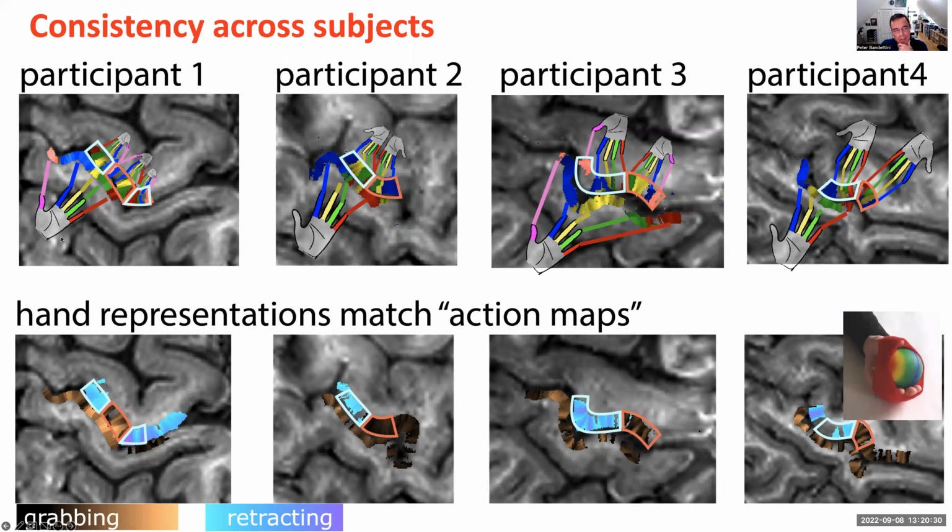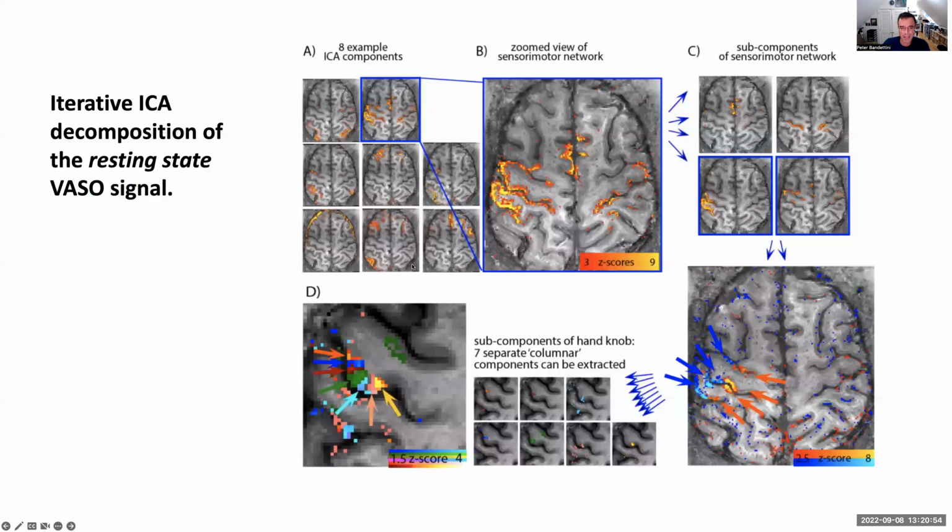So what we found is that, one, there's a mirror image pattern, and two, it organizes itself across digits. The activation of digits when you're extending your hand versus flexing it is very different. And that's how the motor cortex organizes itself across digits. So that was, I think, a brand new finding with this technique.